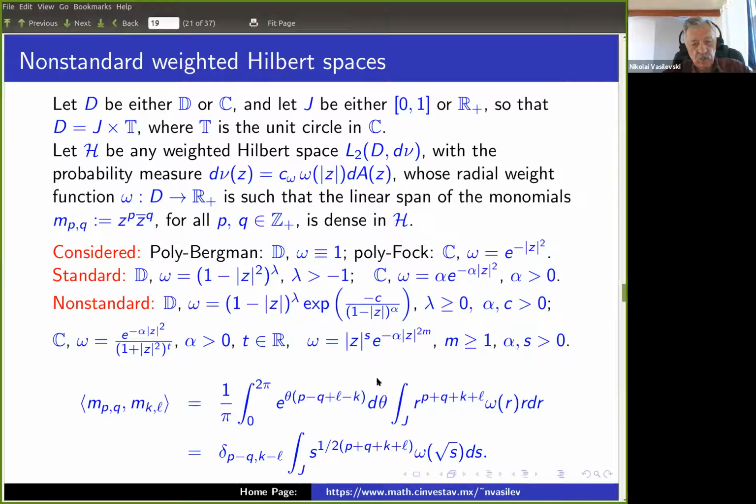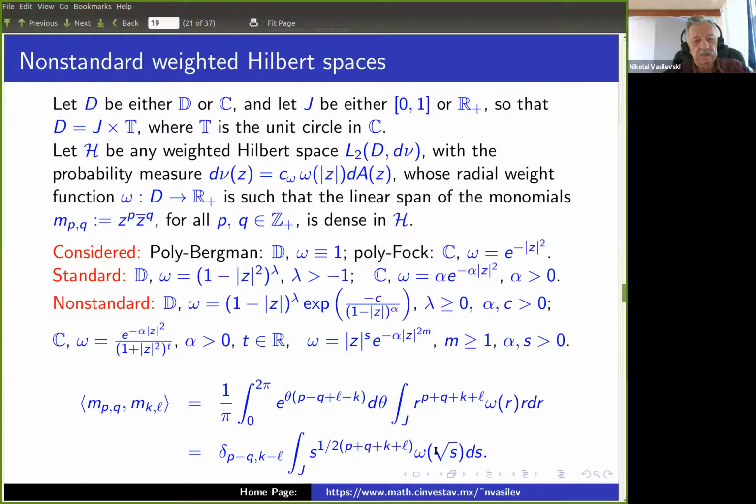An easy calculation shows that this product is a multiple of the delta function of the differences P minus Q, K minus L, times this integral over our set J. So it is easily seen that these monomials are orthogonal if and only if the difference between powers of Z and Z bar is the same. But they are not always orthogonal.